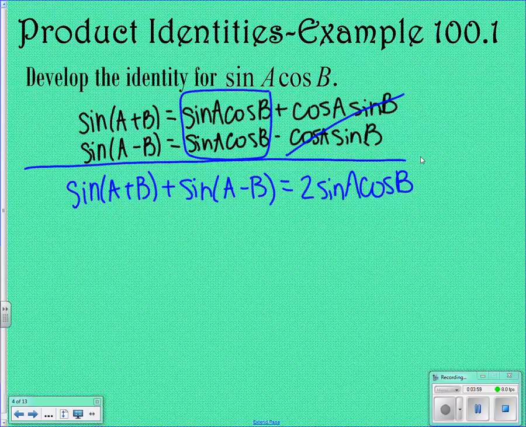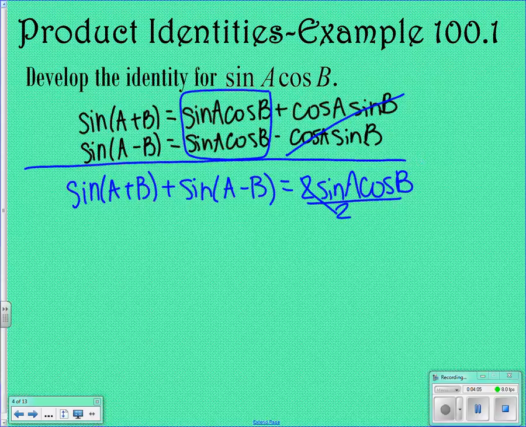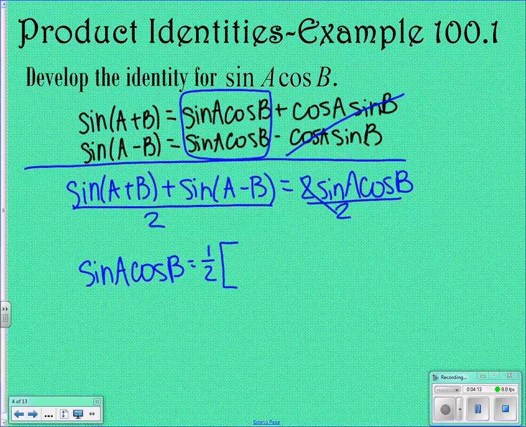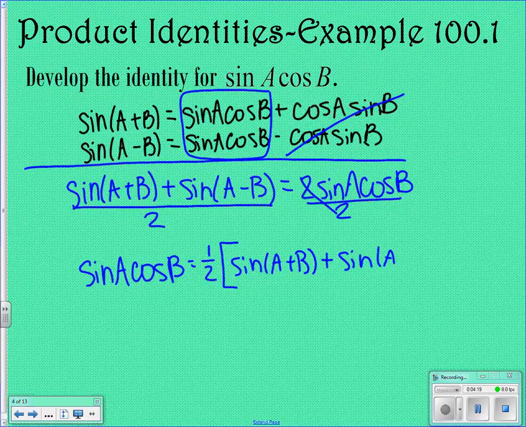And so now all we need to do is to solve for the sine of A, cosine of B. So we divide by the 2 here. And so the sine of A, cosine of B equals 1/2 the left side, which is the sine of A plus B plus the sine of A minus B. And so that is how you develop it.